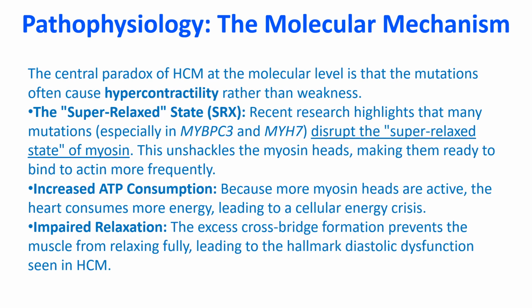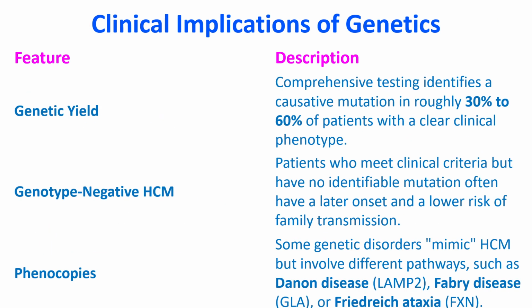hypertrophic cardiomyopathy. Comprehensive testing identifies a causative mutation in roughly 30 to 60% of patients with a clear clinical phenotype of hypertrophic cardiomyopathy. Genotype negative HCM. Patients who meet clinical criteria but have no identifiable mutation often have a later onset and a lower risk of familial transmission. Phenocopies.